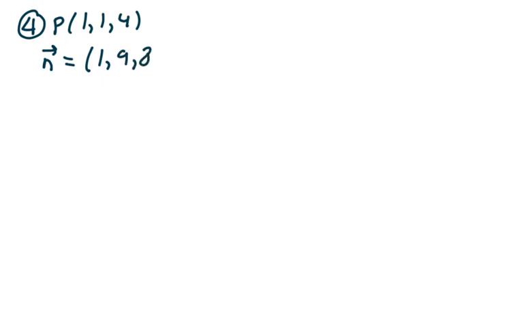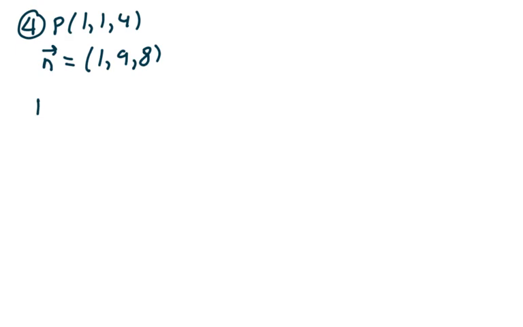Let's take a look at 4. Suppose we have the point 1, 1, 4. And then my normal is the vector 1, 9, 8.